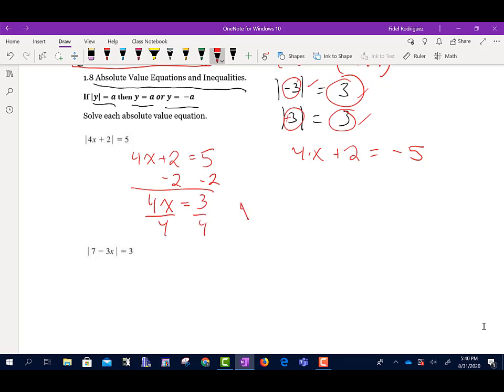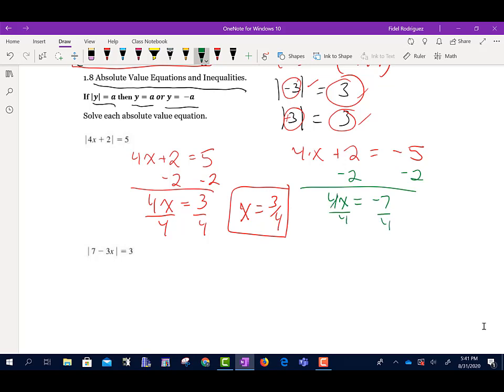Divide both sides by 4, and we get x equals 3/4. And over here, I'm going to go -2 and -2. So 4x equals -7. Divide both sides by 4, and I get x equals -7/4. And what we have here, guys, we actually have two answers. One of them is +3/4, and the other one is -7/4, okay?